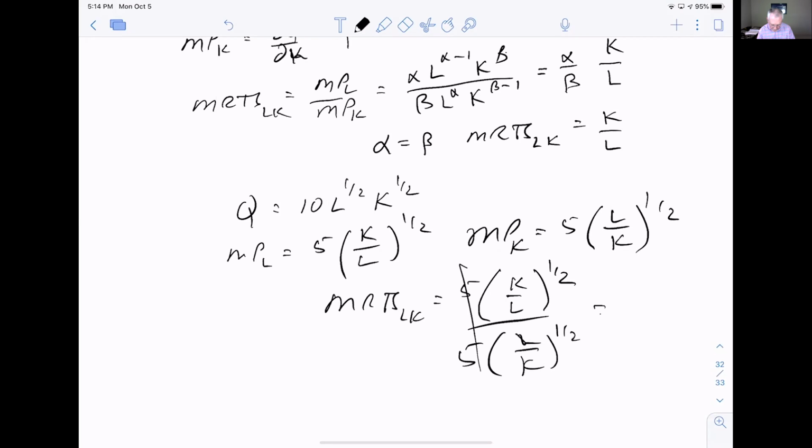These 5s would cancel, and this simplifies out to K over L because of the 1/2, L to the 1/2, K to the 1/2.